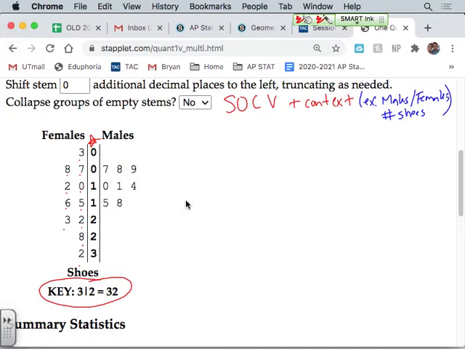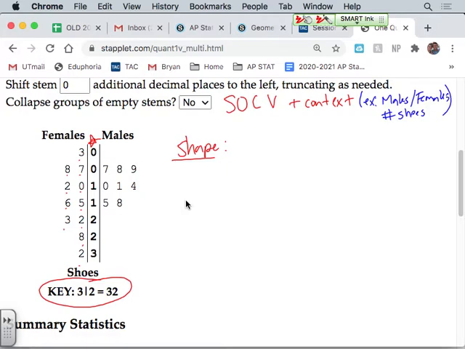Or is this the number of people in your extended family? So we need to make sure to put context into it. You can even do it exactly like this. You can put shape, and then say something about shape. When we're comparing, we want to use comparison words, like the shapes were roughly equal, they were different, the males were greater than females, the females were this and the males were this, stuff like that.